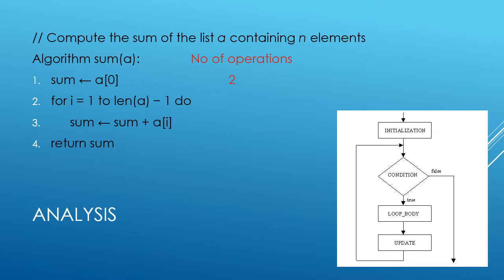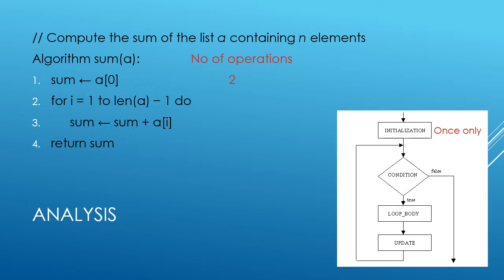Then we update the counter variable. And then we go back to checking the condition. My first question is, how many times do we initialize the loop variable? And your answer would be only once. Look at line number 2. i has been initialized to 1. This happens only once.